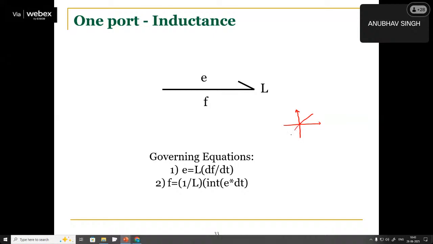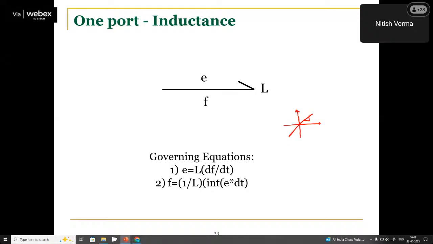On which plane? What will be the plane where L should be linear, say in the electrical domain? Voltage and current? No, flux and current.